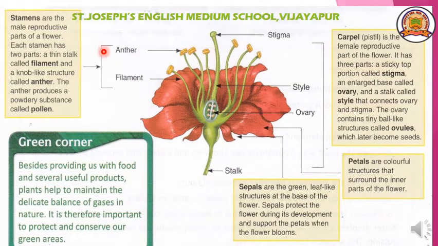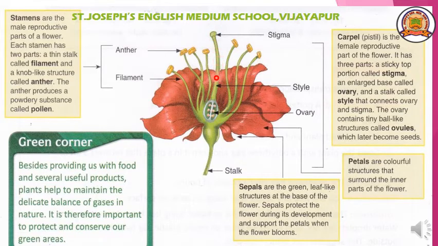You can see here the anther and filament are called the male part of the flower, whereas the stigma, style and ovary are the female part. These dot-like structures are called ovules. Once the pollen from the anther, carried by wind or by animals, falls on the stigma, it is very sticky. So it holds the pollen grains and sends them to the style.